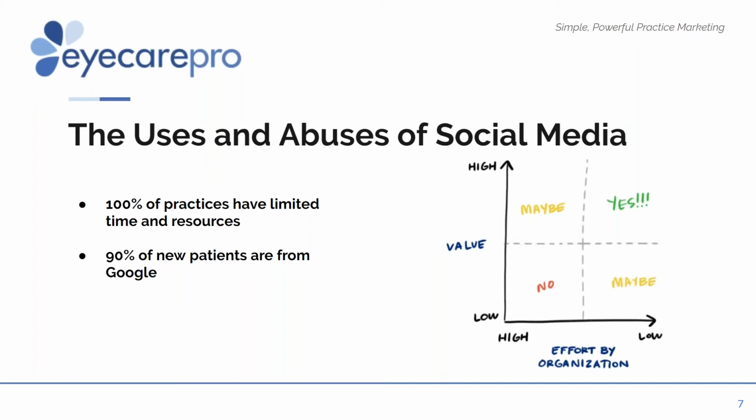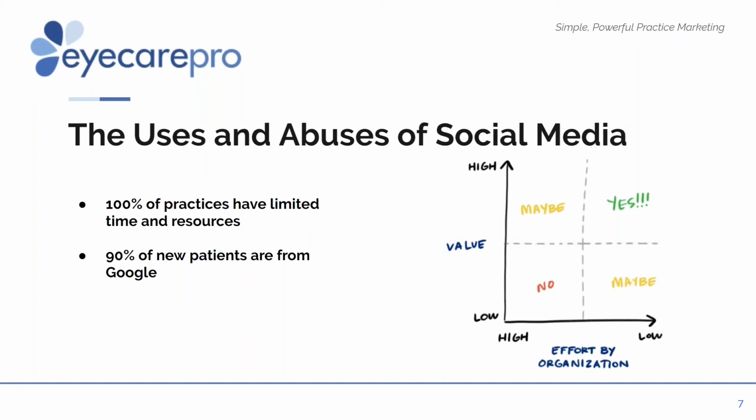And so even though this is definitely a webinar about social media, you should always take into consideration that if you're not there when people are actively looking for eye care, and you're not showing up with good Google reviews, I would take a step back and maybe reconsider why it is that you want to do social media. Is it because it's the right thing for you to do today, or is it because you're excited about it?